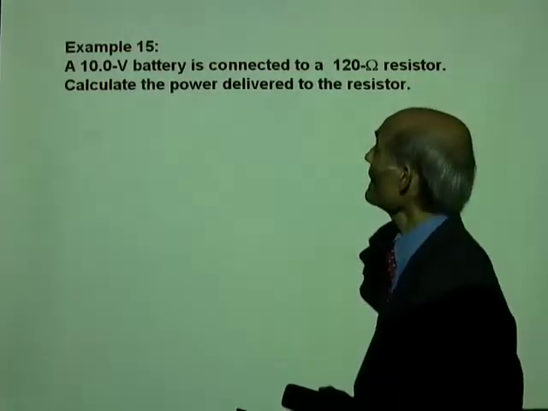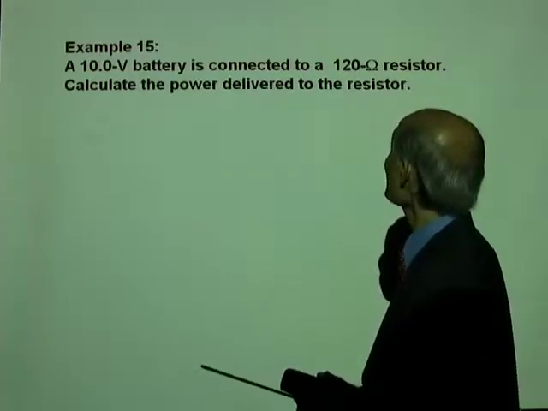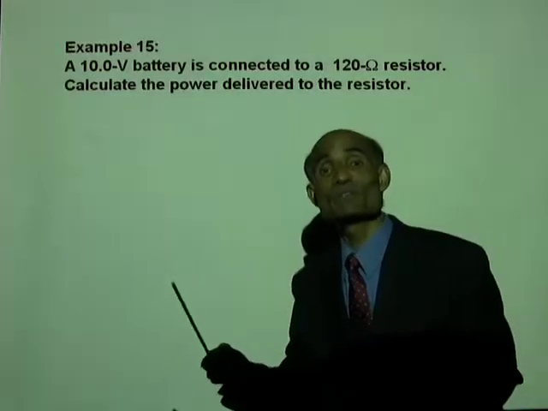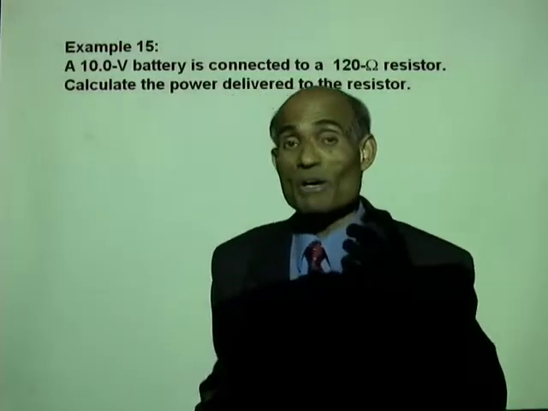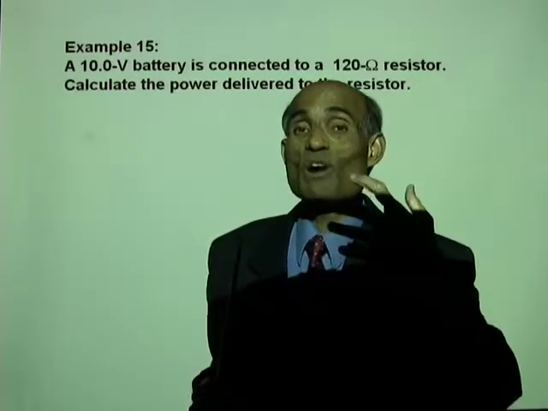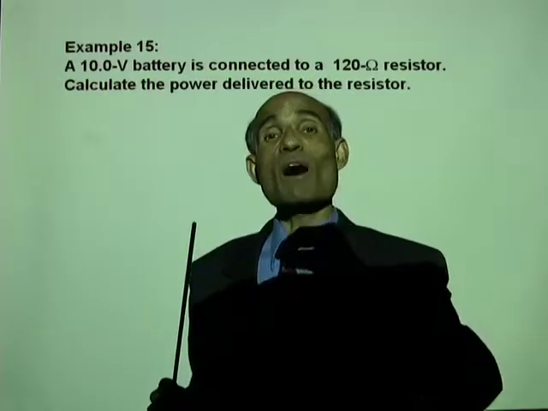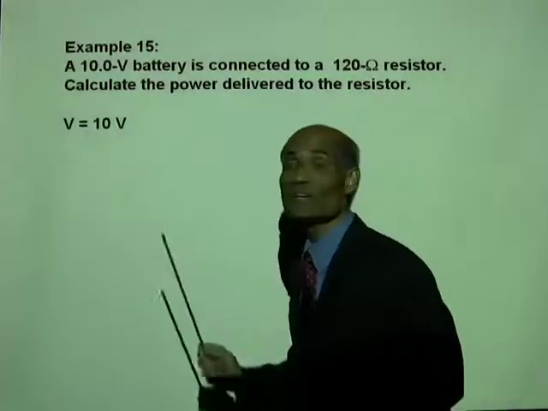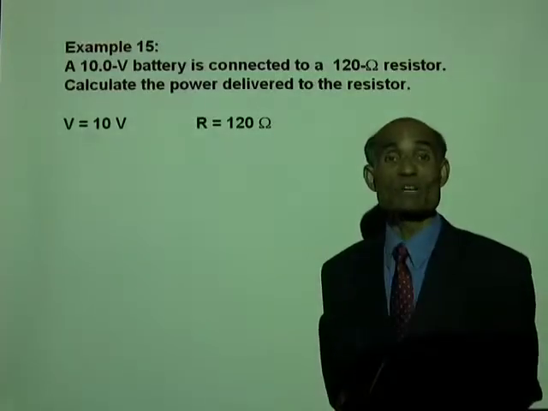Next example. A 10-volt battery is connected to a 120 ohm resistor. Calculate the power delivered to the resistor. Well, you know the power equals VI. You can also write it in terms of RI squared or V squared over R in many forms. So we have V equal to 10 volts and the resistance R equal to 120 ohm.